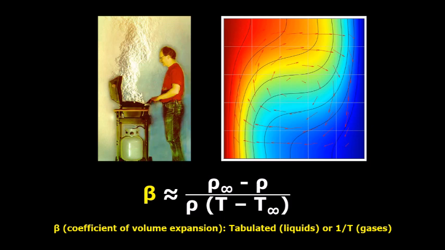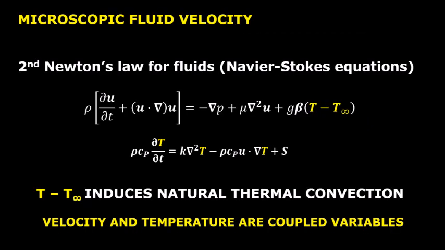Now, from a microscopic point of view, if you remember, the way you compute fluid velocities is by solving the Navier-Stokes equation, which is just a more complex version of Newton's second law for fluids. How do we accommodate the natural convection term? If you have a look at the original Navier-Stokes equation, there was a density times gravity term.